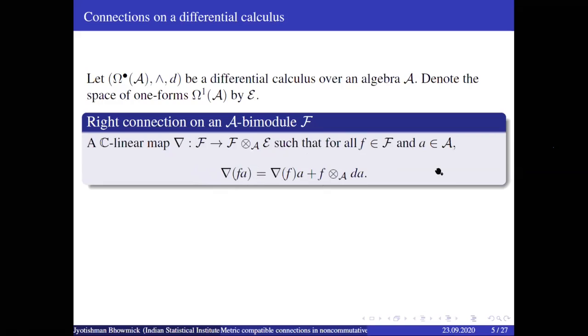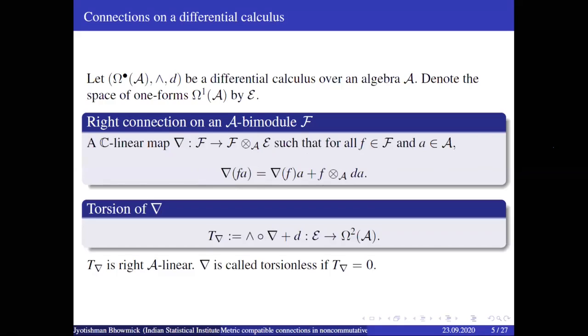In particular, if you take F to be E, then this guy is a map from the space of one forms to the space of two forms. Why? Because as I said, d is a map from the one forms to the two forms, and E is taken to be omega 1 A. So d applied on E takes us here.